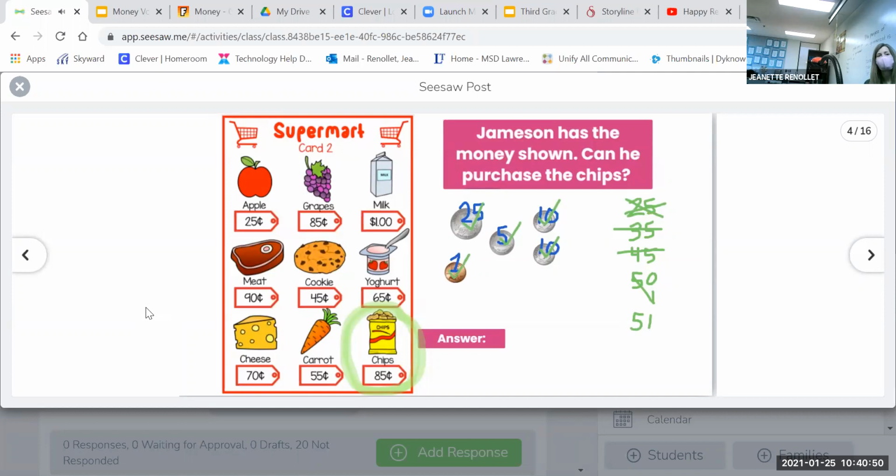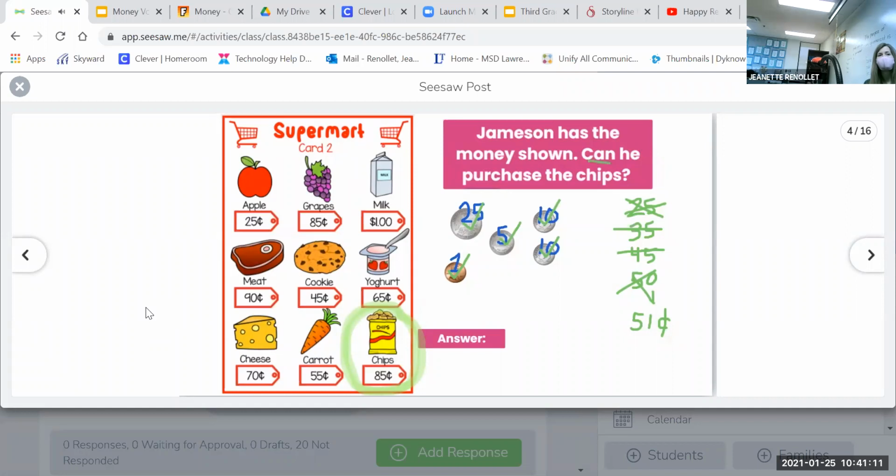I have now added all the coins together to find how much money Jameson has. I can't forget that I need to label my money. Notice I chose the cent symbol because Jameson's amount of money is less than $1.